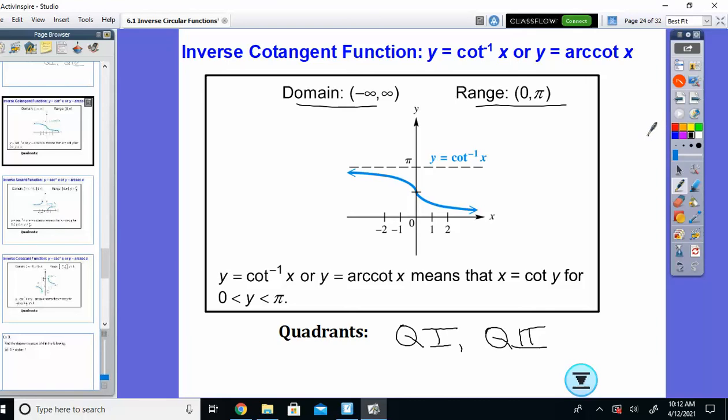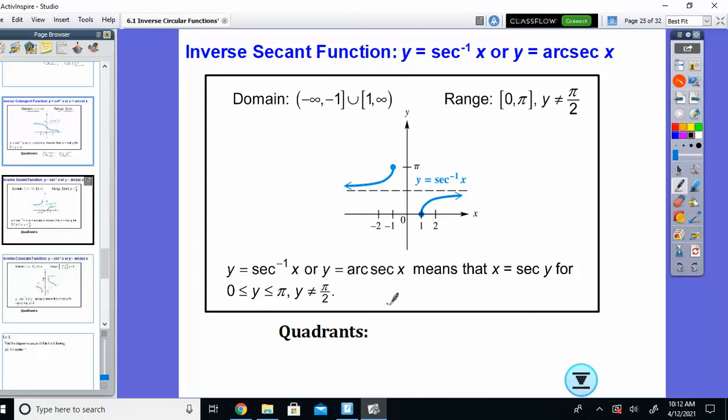What quadrants did we use for cosine inverse? So we're going to do the same thing for its reciprocal. And then cosecant, oh sorry, domain and range are up here. It has an asymptote right in the middle. That's why your domain looks a little funny.